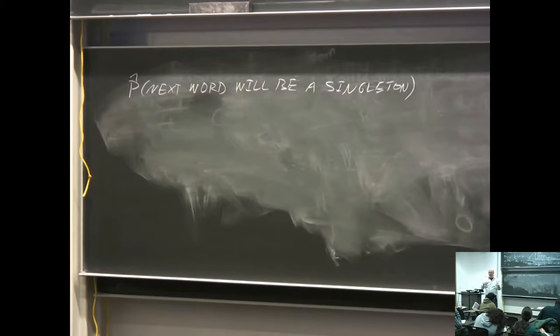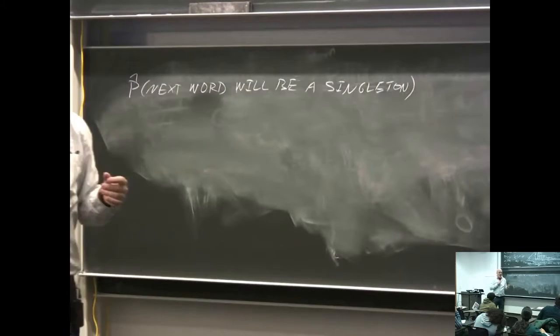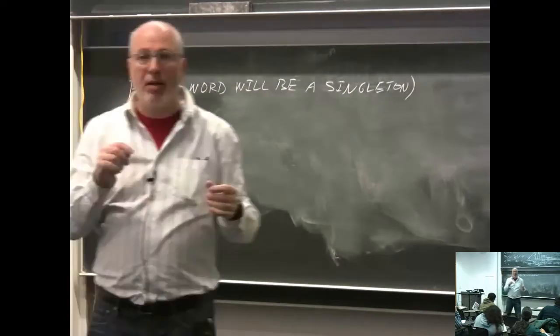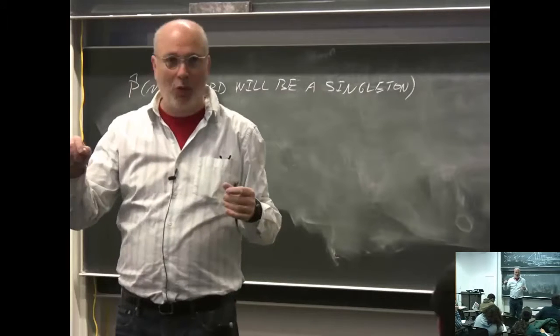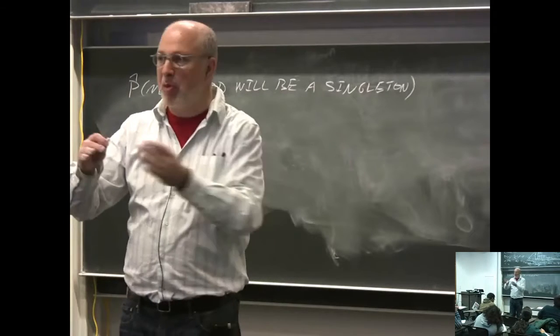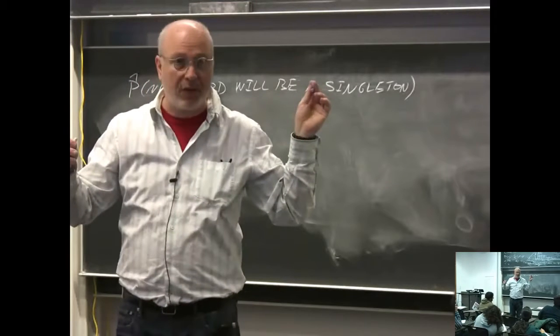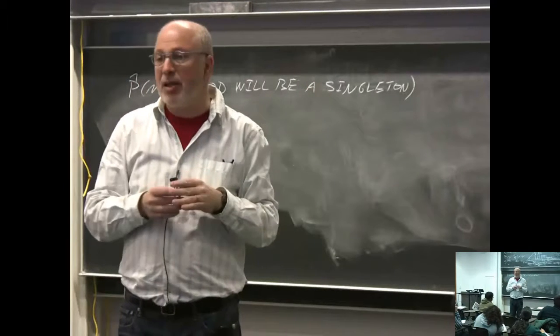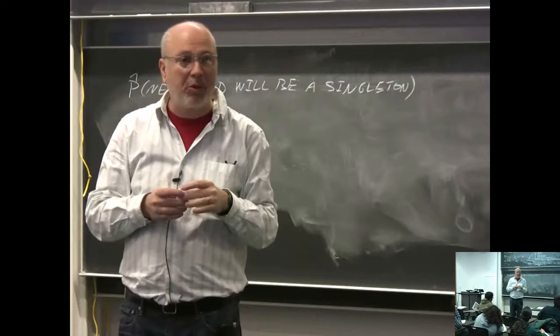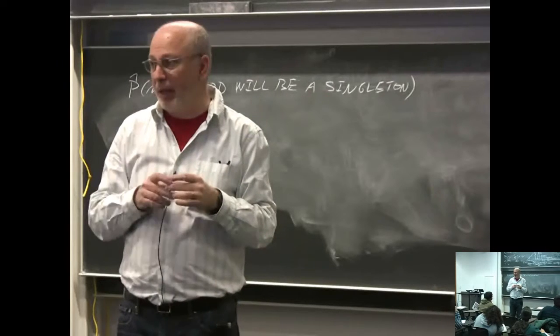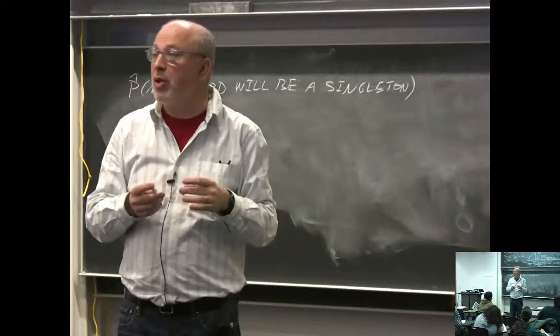So each one has the same probability. And we say, what is the probability that the millionth and one word, we collected a million already, will be one that was until now seen exactly once? And the answer is, it's probably very, very similar to the probability that the last word we collected, the millionth one, was also seen only once.